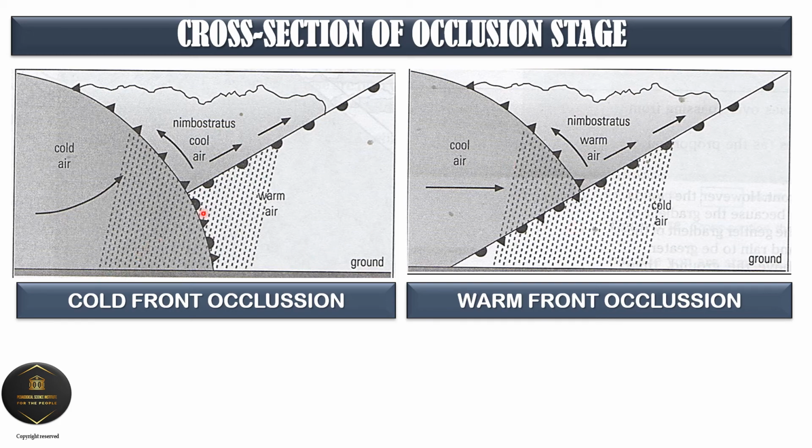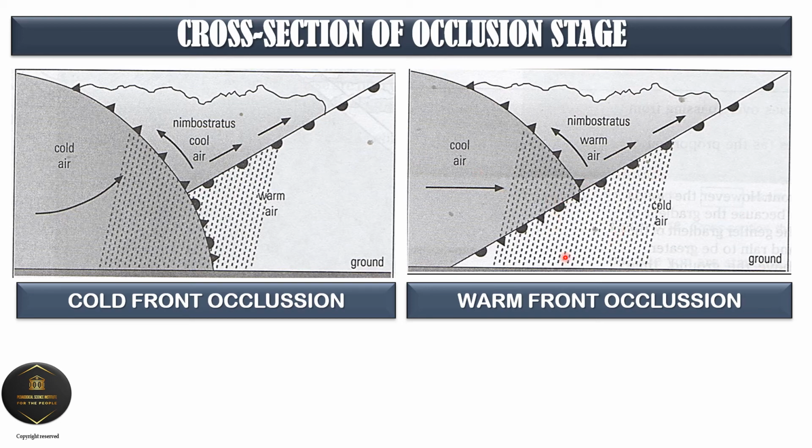Now remember, when the cold front catches up with the warm front, the cold air will undercut the warm front, which means it will submerge under the warm front, and as a result you'll have colder conditions on the ground. And with warm front occlusion, we'll have the warm front overriding the cold front. And as a result, you may have some showers, a bit of rainfall. So those are the conditions associated with that.